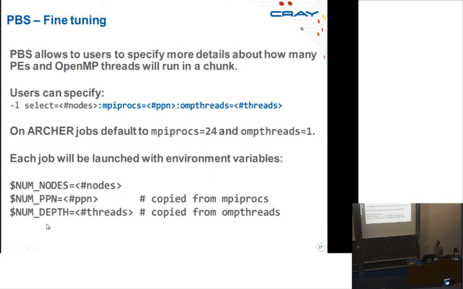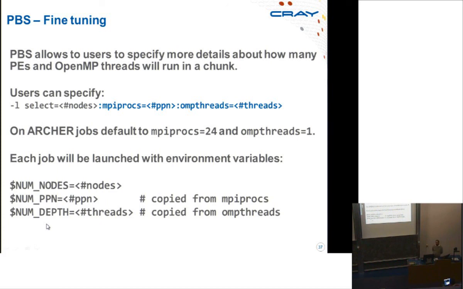We can also tell it how many OpenMP threads per MPI rank per PE we're going to spawn. These have no effect on the scheduler as far as I'm aware. So you can have these set to almost any value and it won't change. It's only the number of nodes that you ask for that's actually understood. These are just used to pass details into your job.